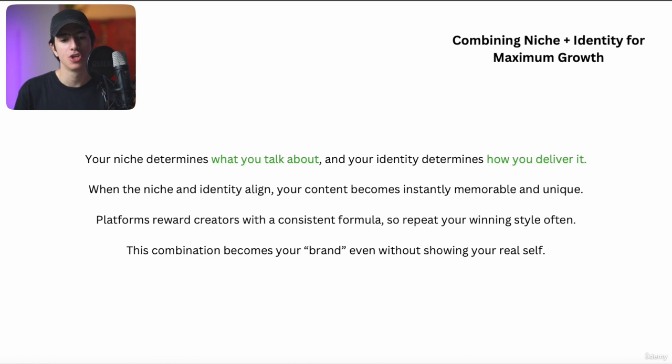Platforms reward creators with a consistent formula, so you need to repeat your winning style. This combination becomes your brand even without showing your real self. Consistency around what you talk about and how you deliver it creates a brand that people value and will follow, and that you can later monetize and keep scaling and growing.